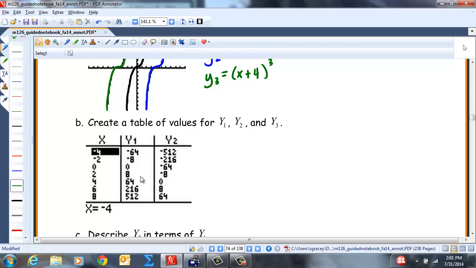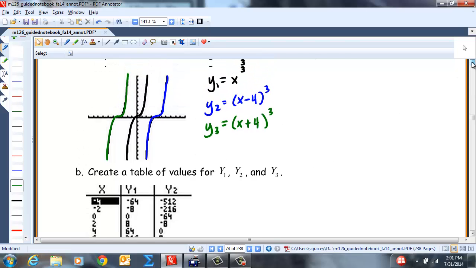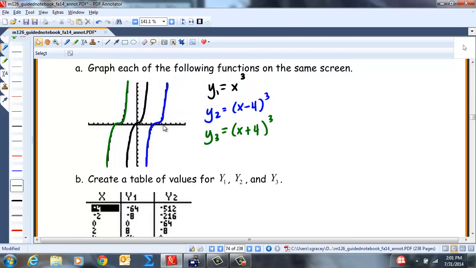Now here, when x is 4, do you see that is when your y value is 0 for your other one. So basically, we shifted 4 to the right in order to get our 0 graph. So if you look at the blue graph, do you see that at x equal to 1, 2, 3, 4, you get a 0 on our y graph, whereas when you're at 4 for the original, it's going to be way up here.